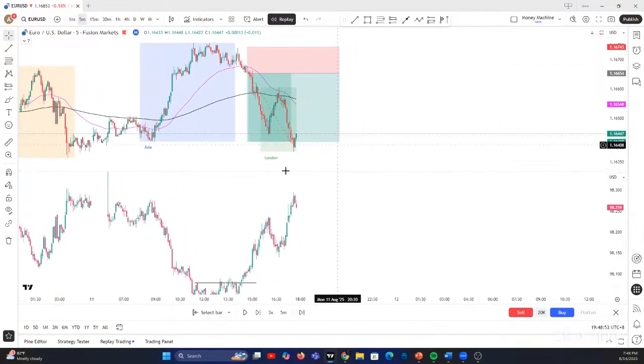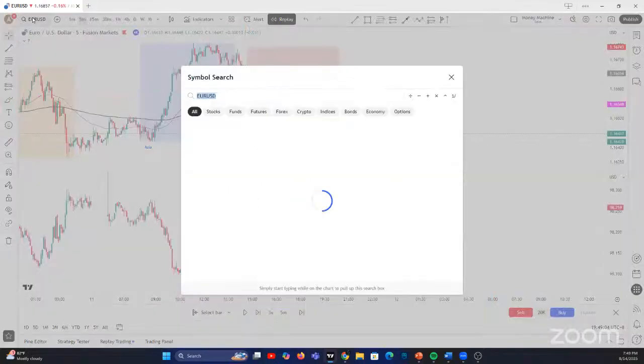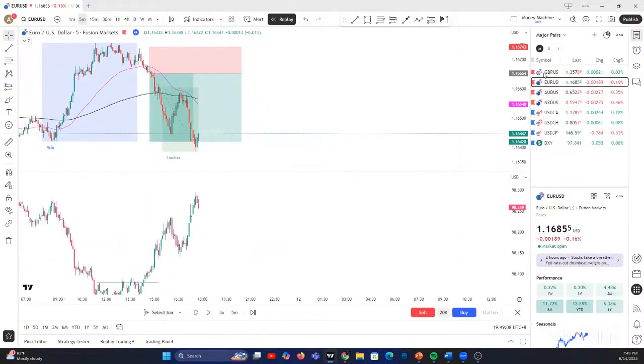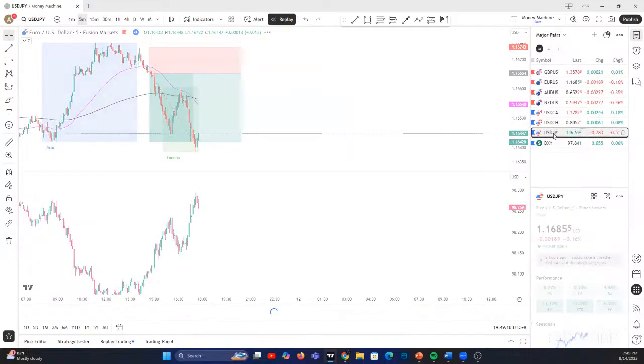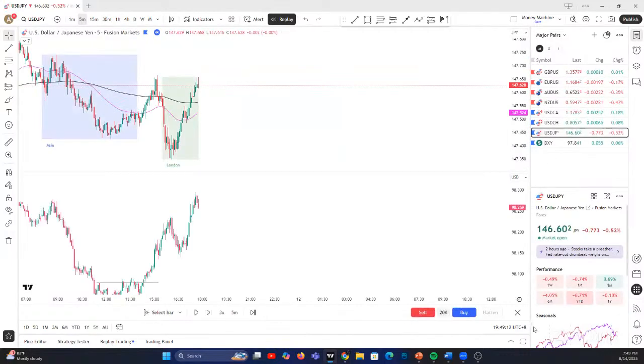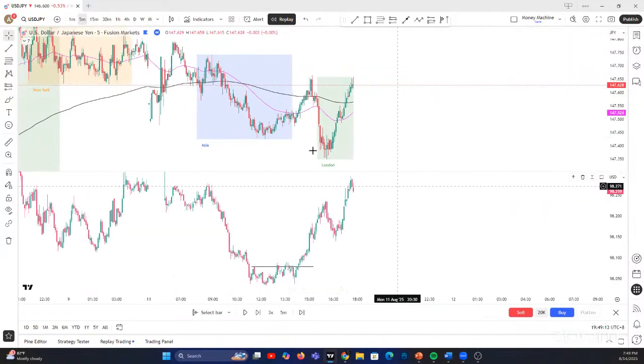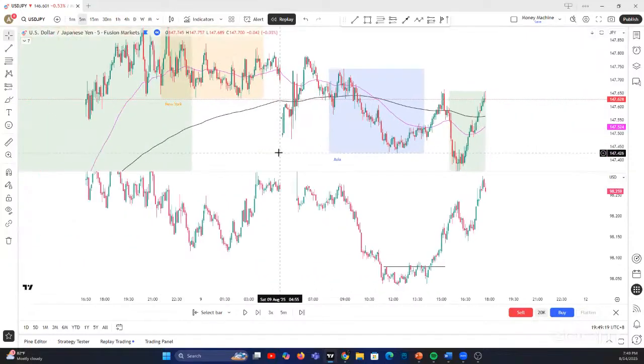You can always check your charts if they are really going in the opposite direction, which now I'm showing you. But for example, the Japanese yen, okay, it's going with the DXY. You see, just the same price action with the DXY.